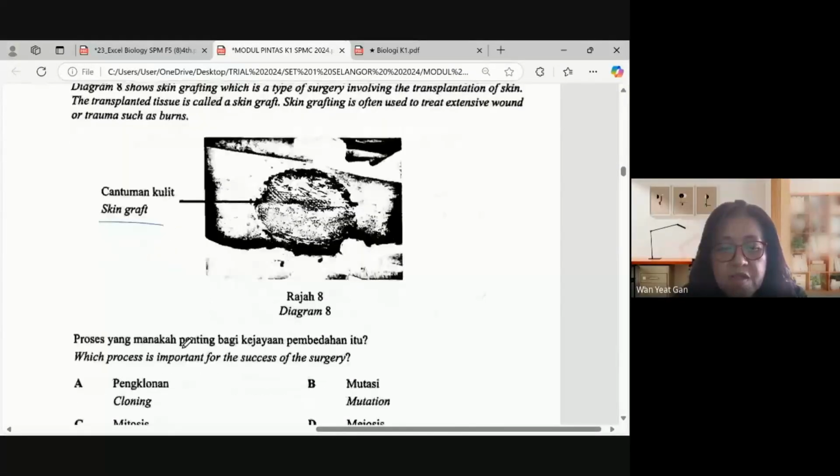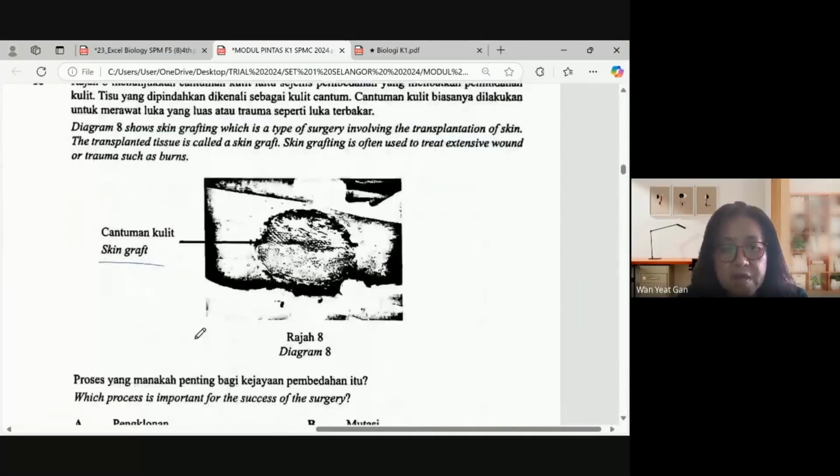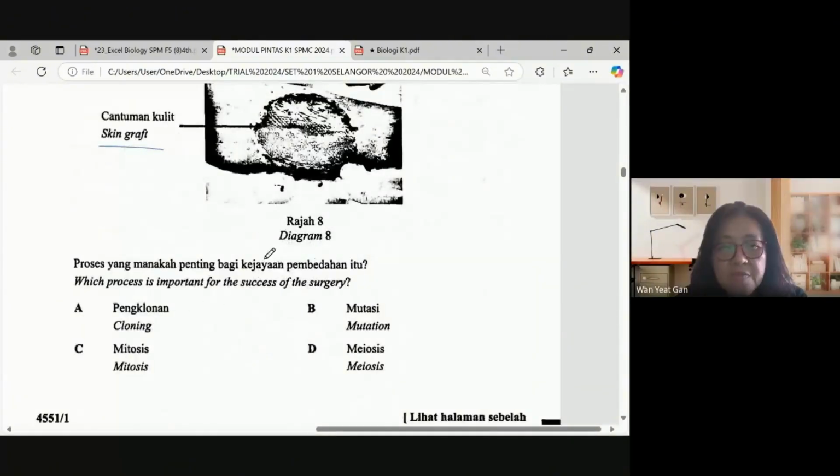Which process is important for the success of the surgery? In this case, the skin graft will divide by mitosis so that new skin cells will grow to heal the wound. So the process is mitosis.